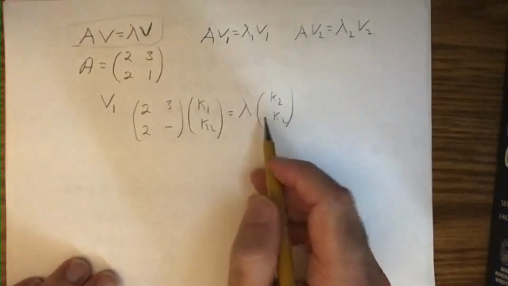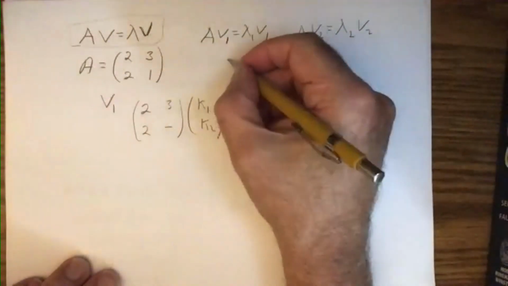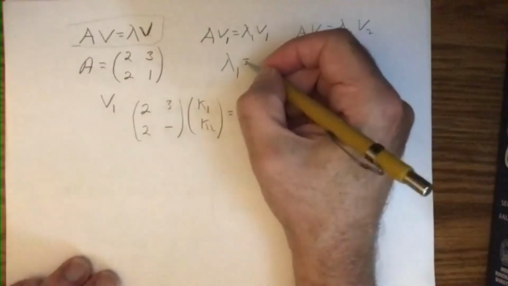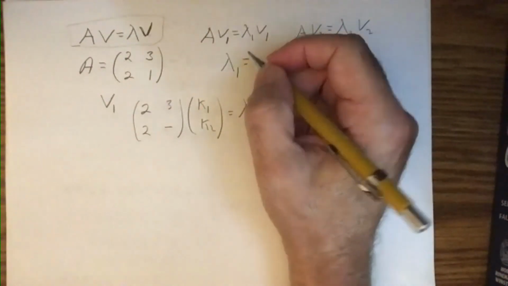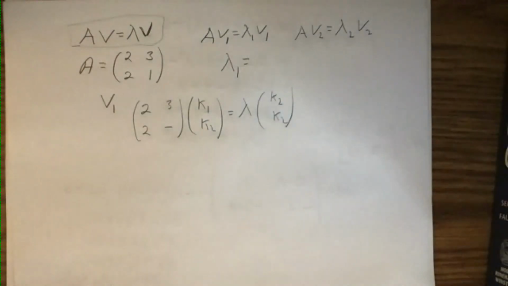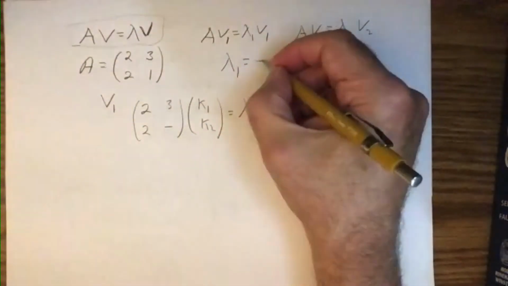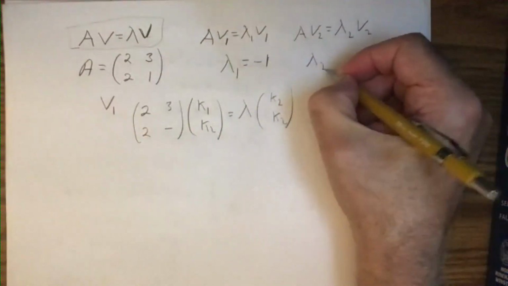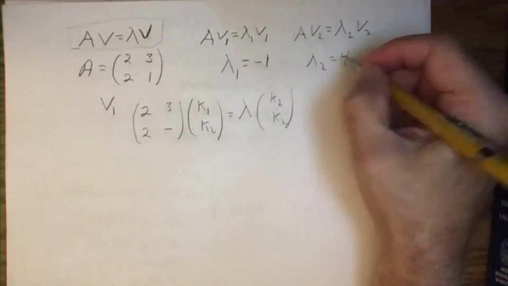This is the way I like to do it. All right, so now let's see. What did we find? We found that lambda 1 was -1 and lambda 2 was 4.